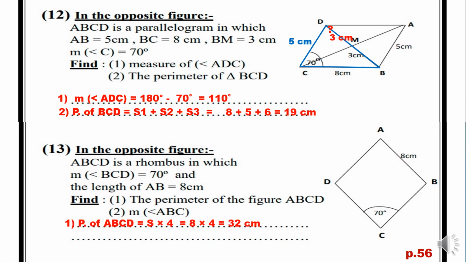So all the sides of the rhombus are equal in length, so it will be 8 times 4 equal 32 centimeters. Number 2, measure of angle ABC. I have each two consecutive angles, their sum is equal to 180 degrees. So measure angle ABC is equal to 180 minus 70 degrees equals 110 degrees.